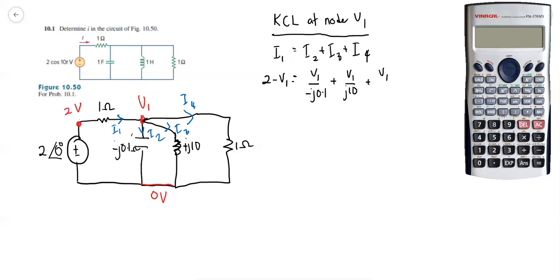So we rearrange this equation, so you will have 2 minus 2V1 equal to V1 over negative j 0.1 plus V1 over j 10.